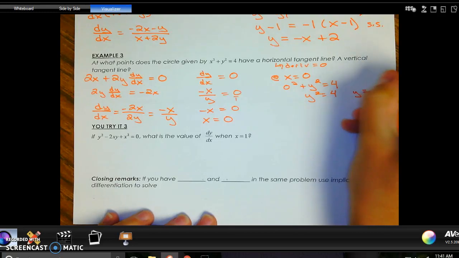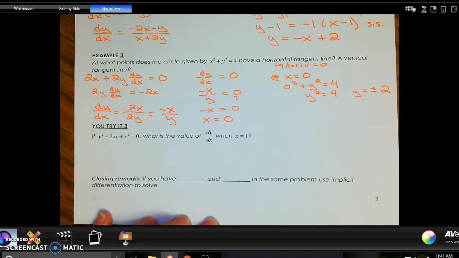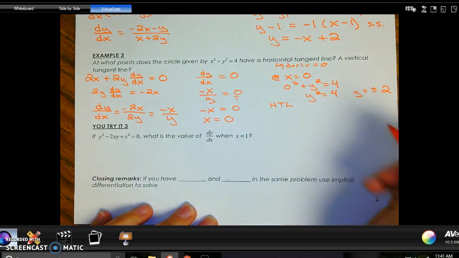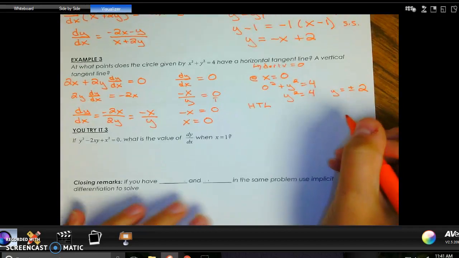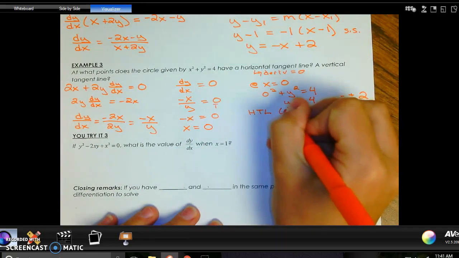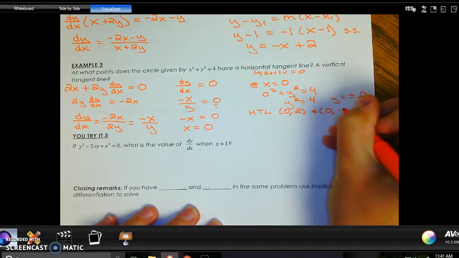Once you have that, that gives you the points. So the horizontal tangent line is at x equals 0, so you have (0, 2) and (0, negative 2).